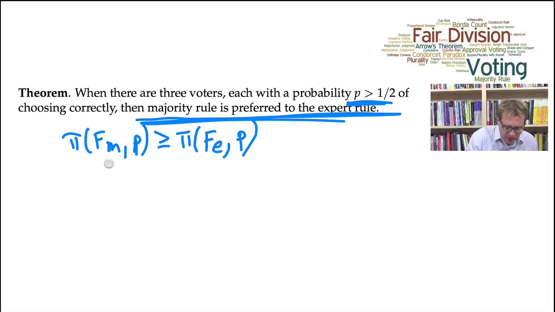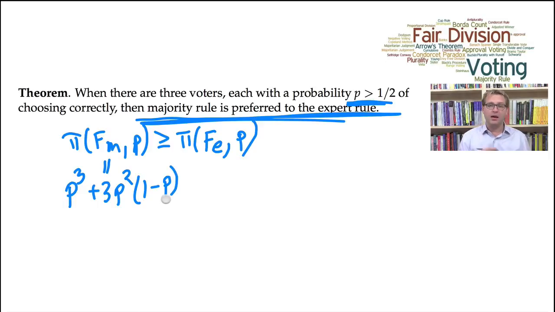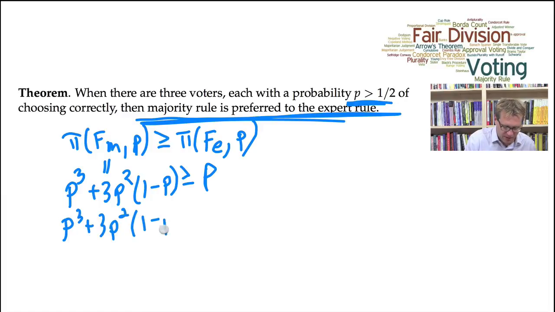So remember that the probability that the majority gets the answer correct is going to be p cubed plus 3p squared times 1 minus p. And I want to prove that that's greater than or equal to the probability of the expert rule getting the answer correct. So that's greater than or equal to p. Well, to verify that, let's prove that p cubed plus 3p squared times 1 minus p minus p is greater than or equal to 0. We just need to do a little bit of algebra.